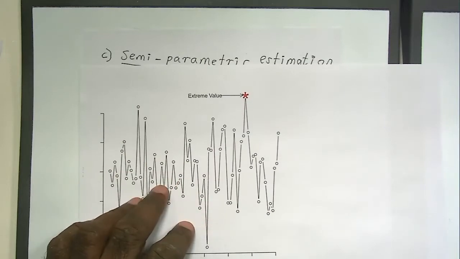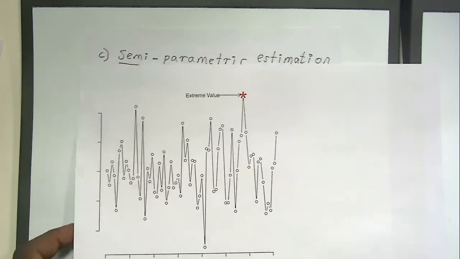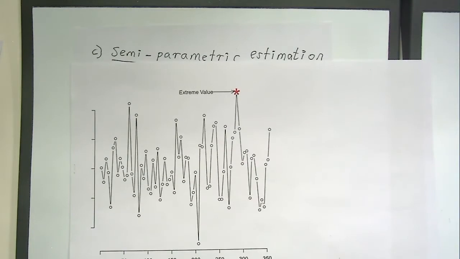What is this known as? This is definition 1 of extreme values, where you have a large data set and you pick only one data point, which is the largest data point.